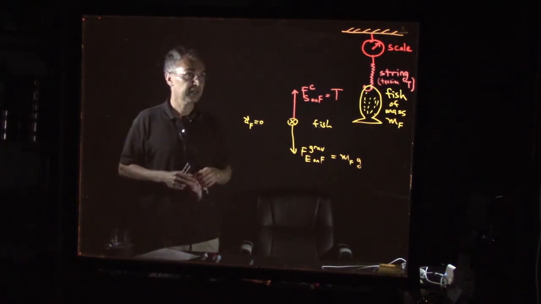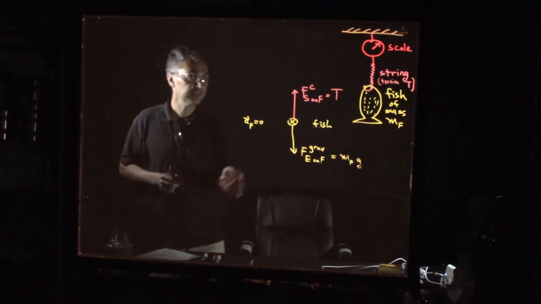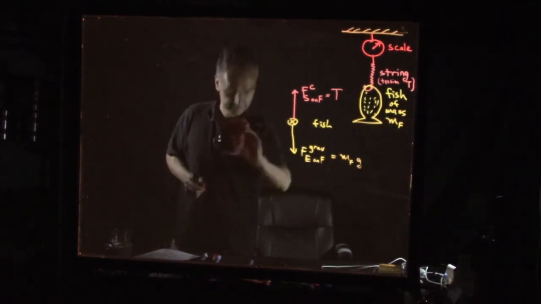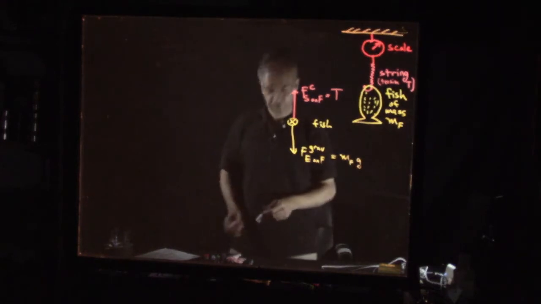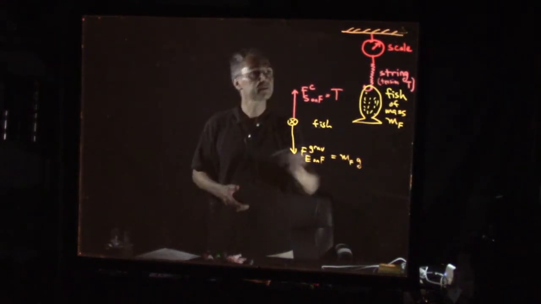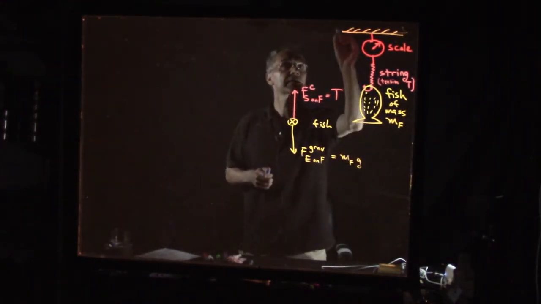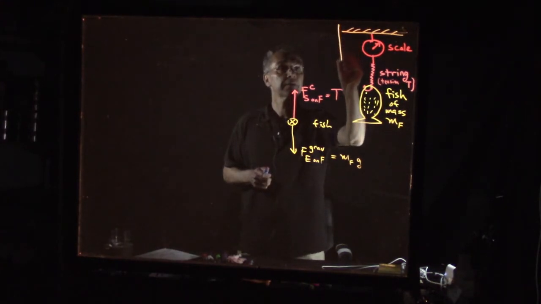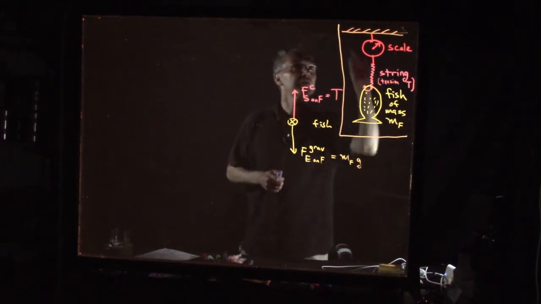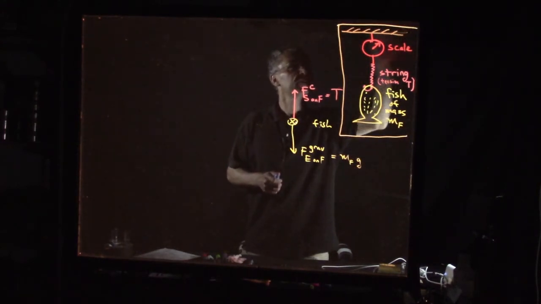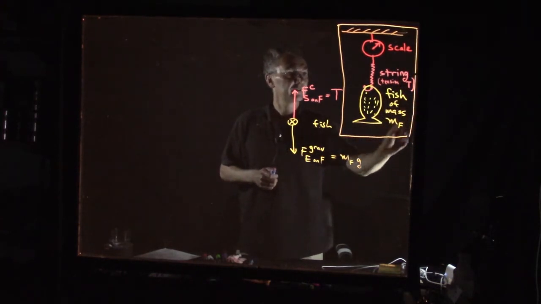Now, let's do something a little trickier. Let's put the whole thing in an elevator. So here is my fish elevator, and this is the ceiling of the elevator. Everything is inside an elevator.